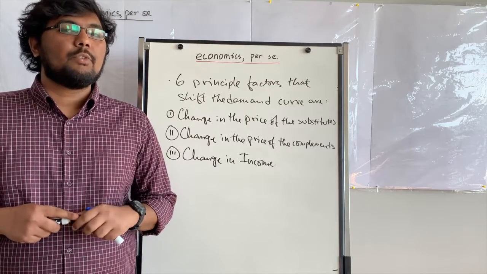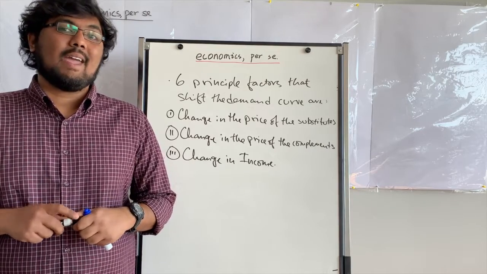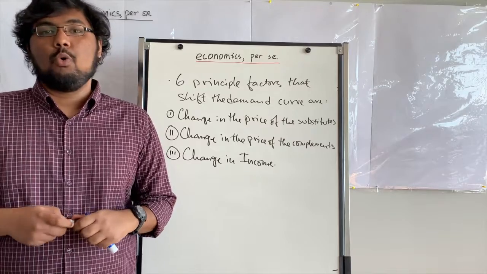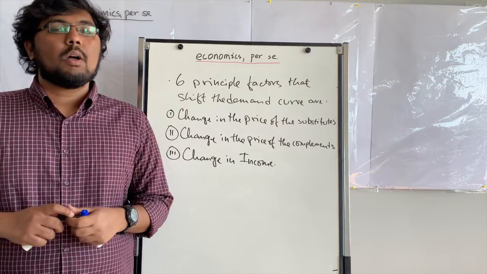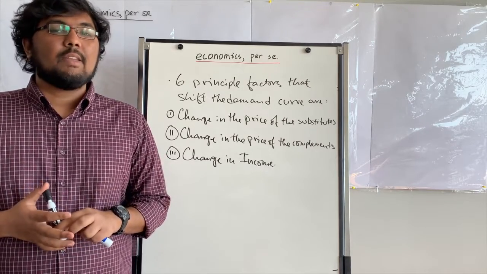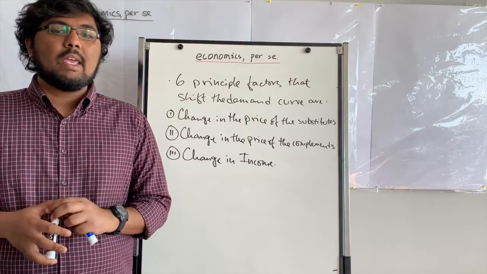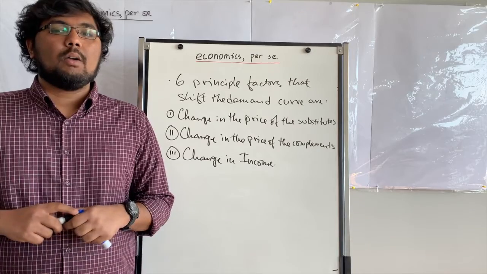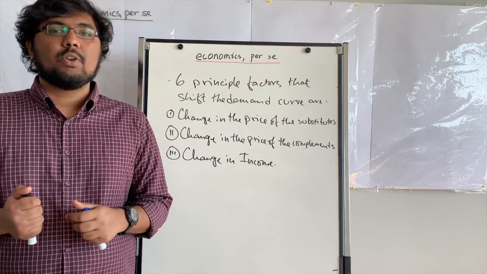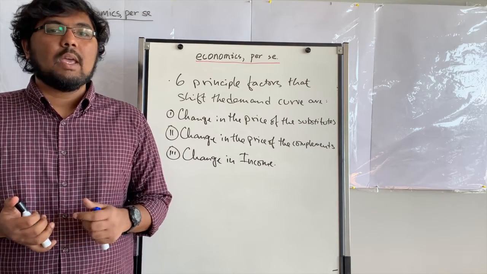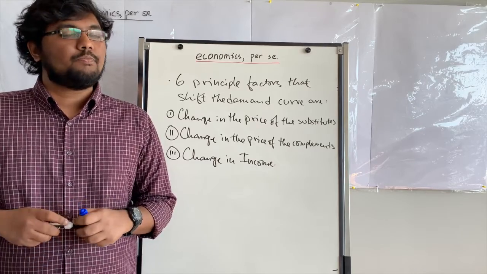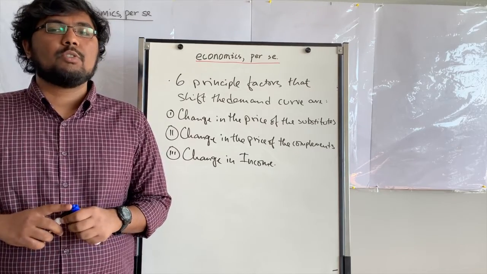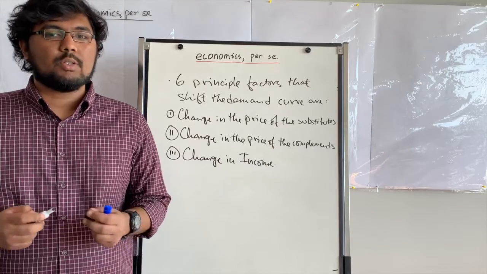Think about it. If your income increases and you like apples, would you not eat more apples? Now, here's the catch. I said if you like apples. It means that apple is a normal good for you. When a rise in income increases the demand for a good, it is a normal good. Most products in most of the markets are normal goods.